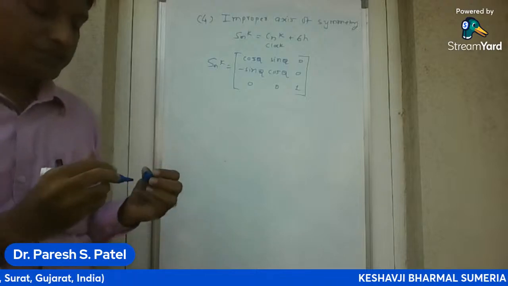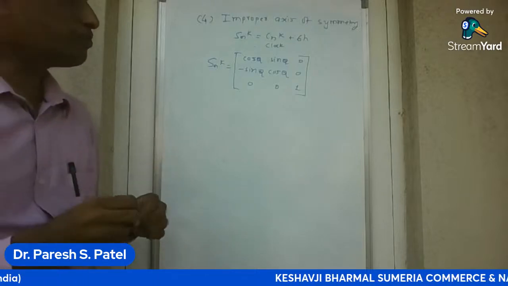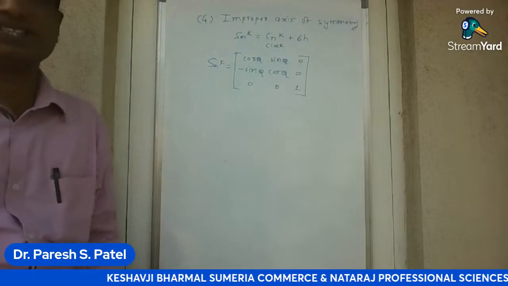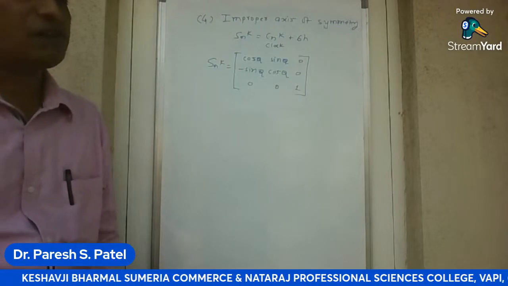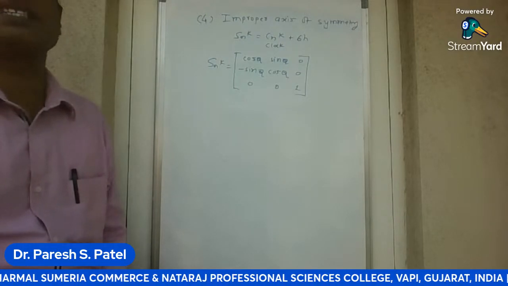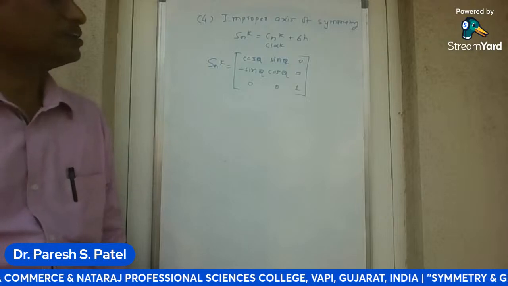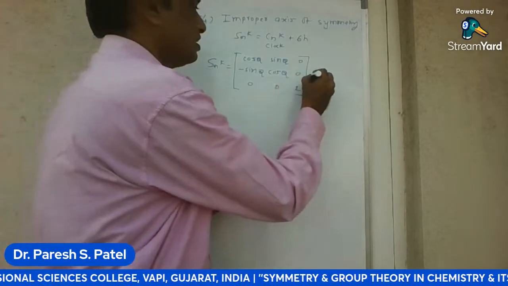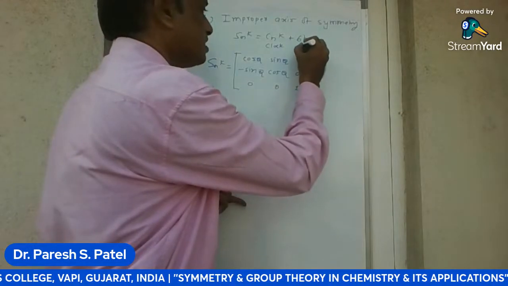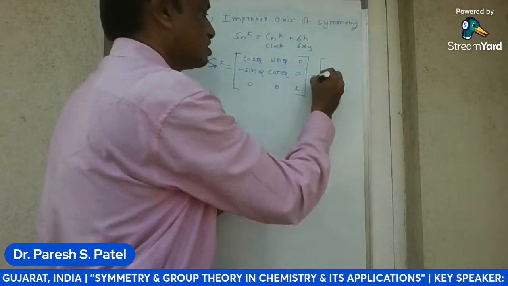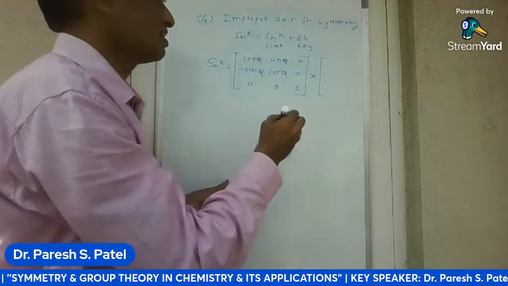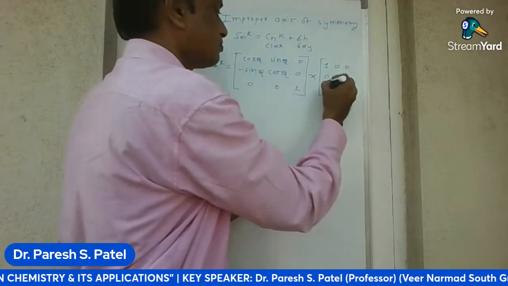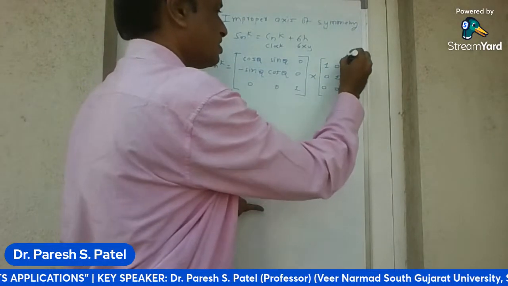Now, dear students, what is the value for sigma h? Always remember that sigma h is always perpendicular to the z-axis, which means sigma h is nothing but the sigma xy plane. This is perpendicular to the z-axis, so the value is 1, 0, 0, 0, 1, 0, 0, 0, minus 1.